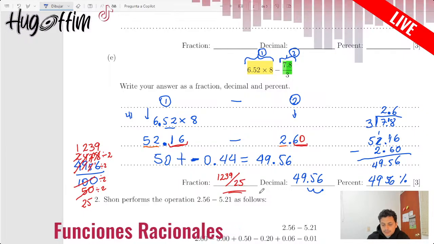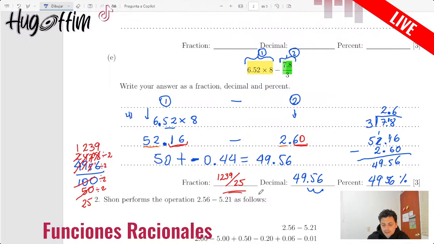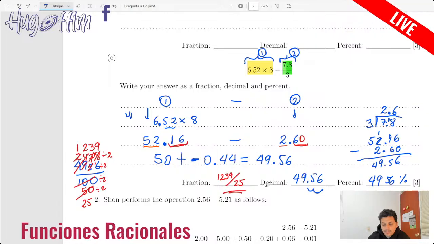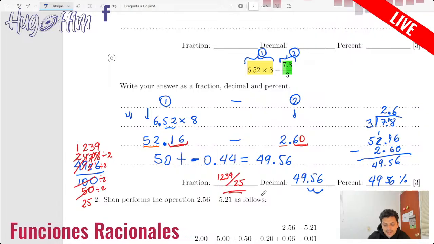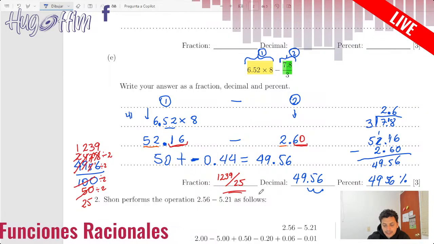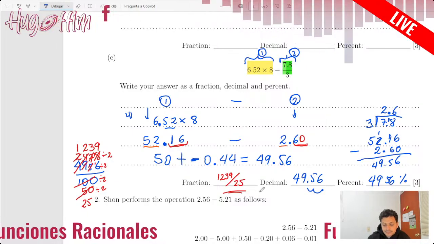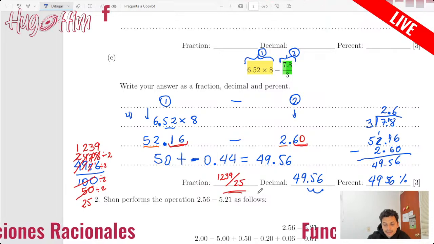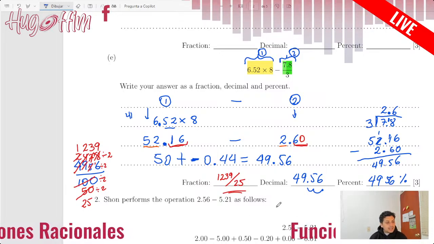Let's see if I can see something new. Now, this is the idea. Apply PEMDAS, apply operations with decimals.